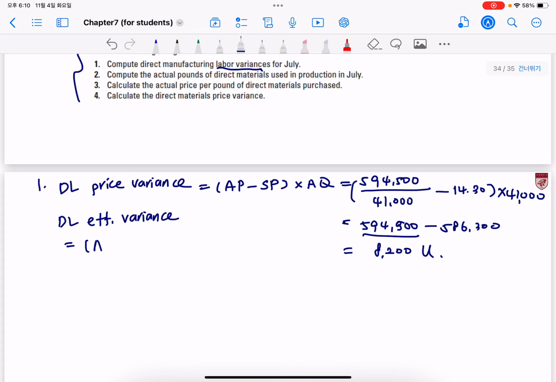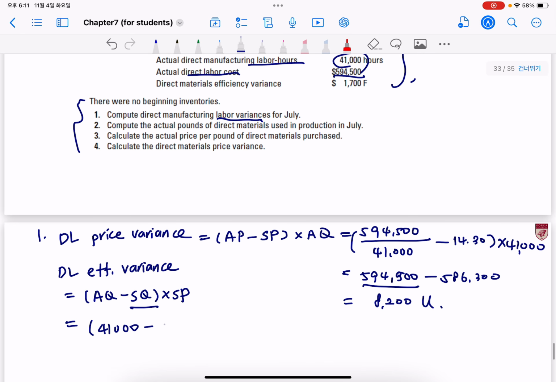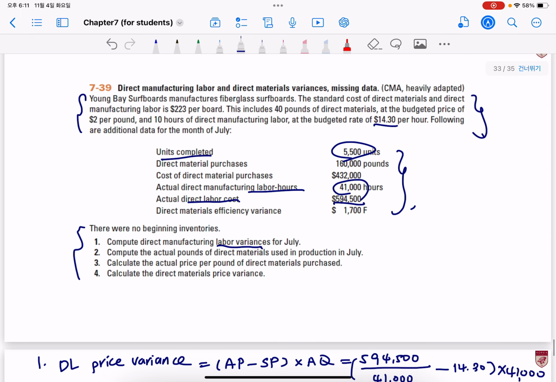So again, this is actual quantity minus the standard quantity times the standard price. So actual labor hour used is 41,000 and the standard labor hour for the actual output Q. So the actual output Q is given as 5,500. And then the standard input quantity.